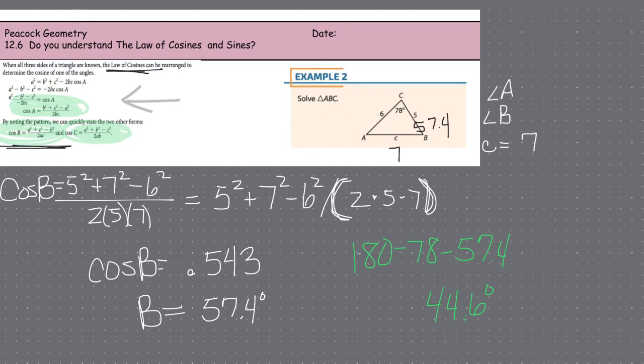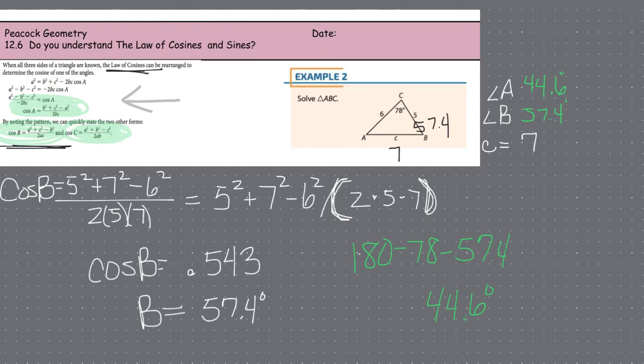So that would be the measure of angle A. So this is 44.6 and B was 57.4. Okay? All right, so that's using the law of cosines to find those angle measurements. All right, fantastic. So that's the law of cosines.